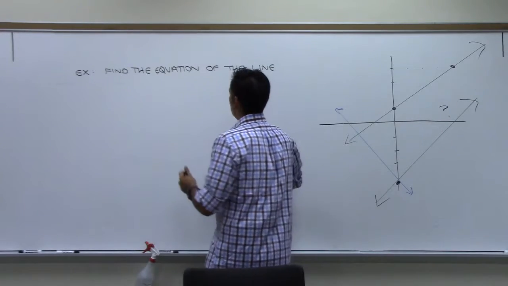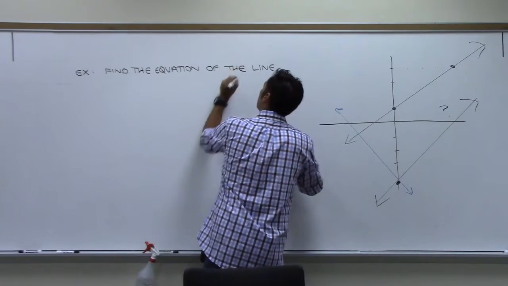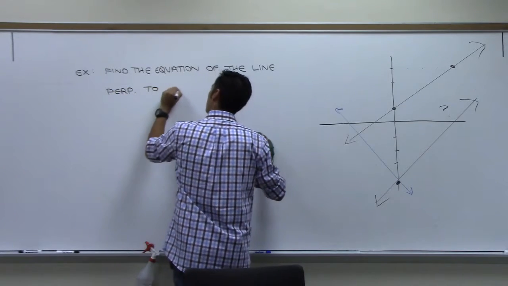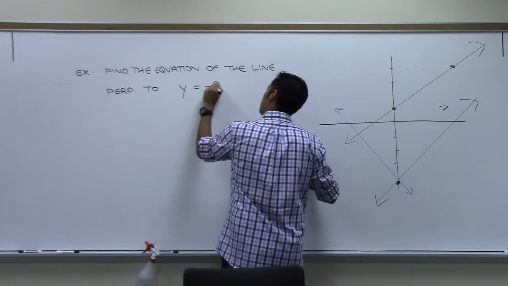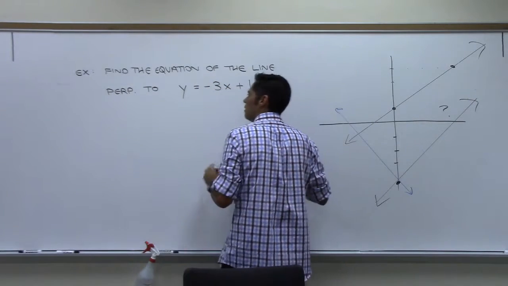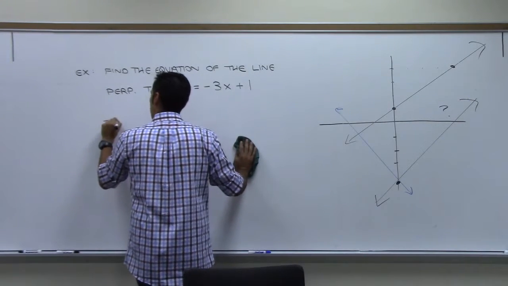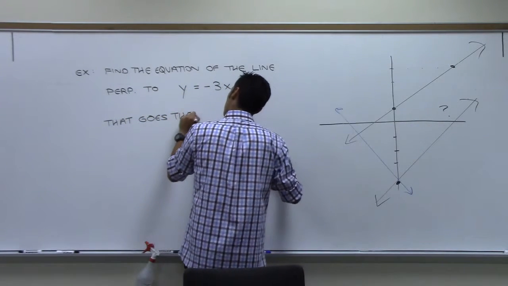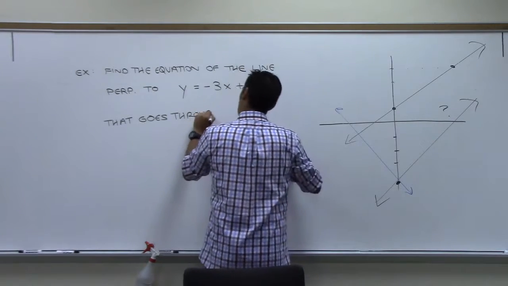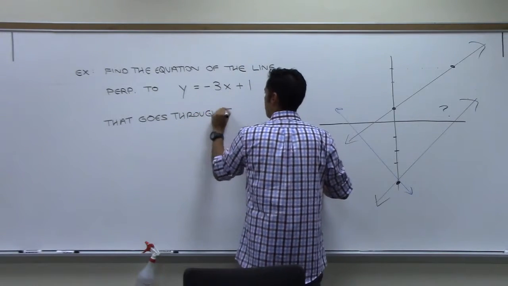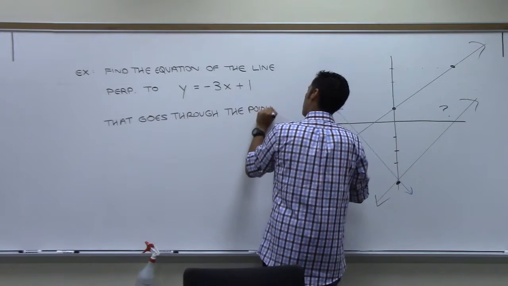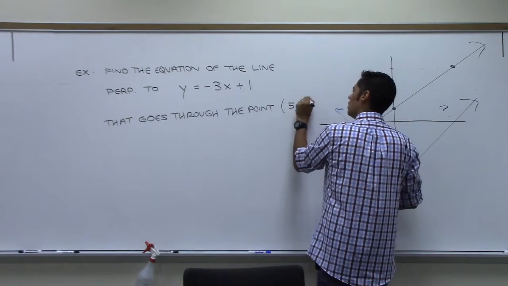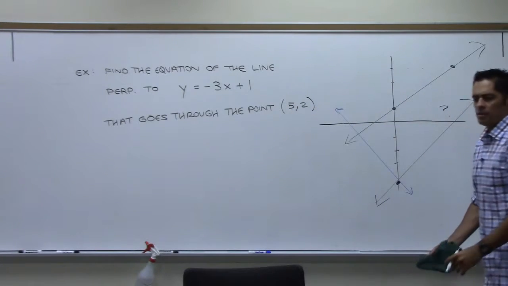How about find the equation of the line perpendicular to y equals -3x plus 1 that goes through the point (5, 2). Ooh, that's a little trickier.